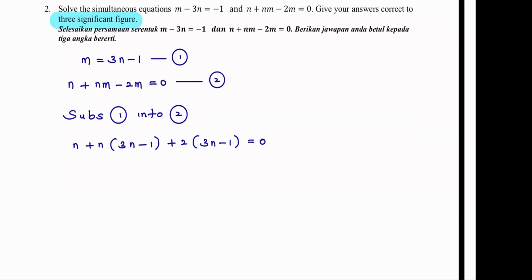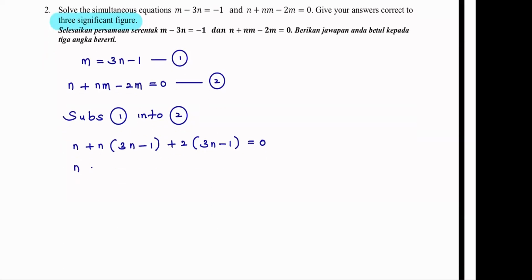So you need to get this. Lepas tu 3n square. So ini hilang lah. Plus 6n minus 2 equals to 0.